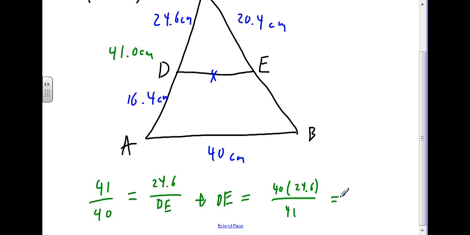So I'm cross multiplying 40 divided by 41 times 24.6, and I get that DE is 24 centimeters.